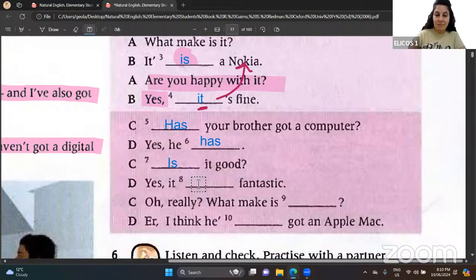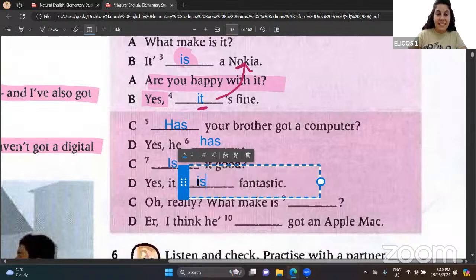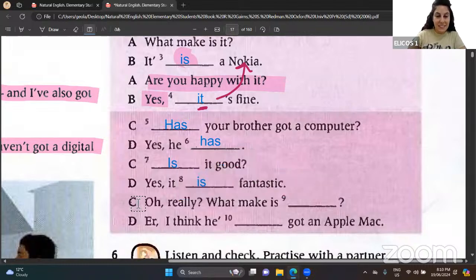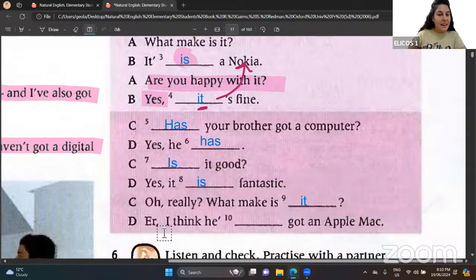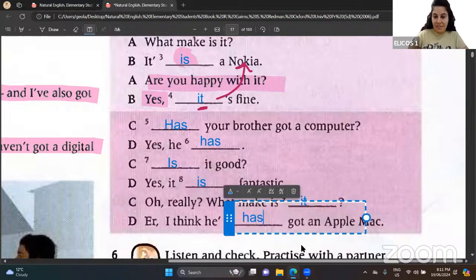Yes, it is fantastic. Oh, really? What make is it? I think he has got an Apple Mac.